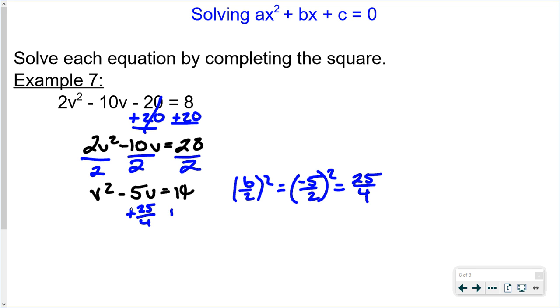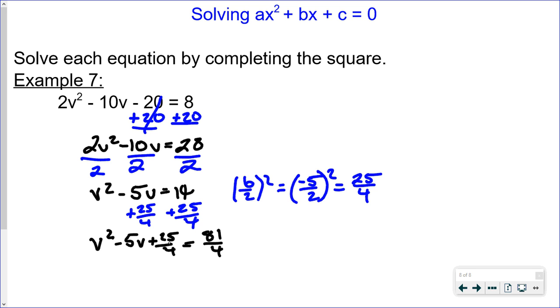Plus 25 fourths, plus 25 fourths. So we have v squared minus 5v plus 25 fourths equals 14 plus 25 fourths, which is 81 fourths.